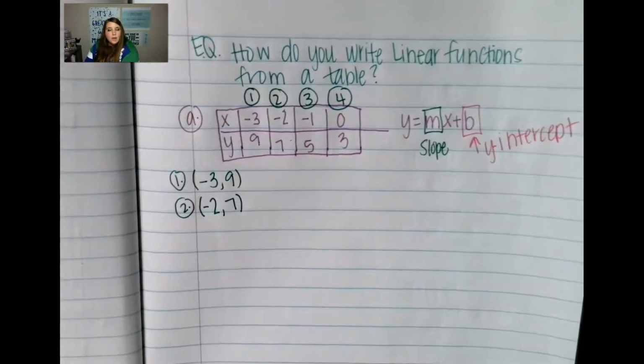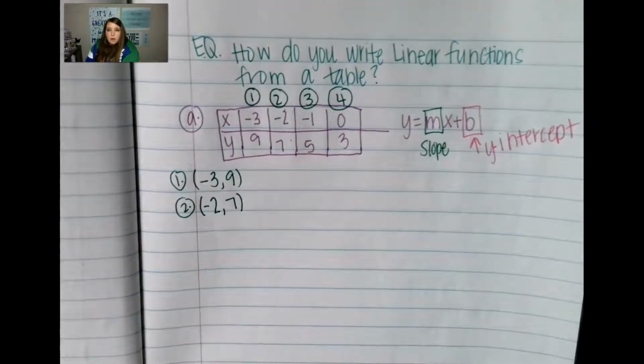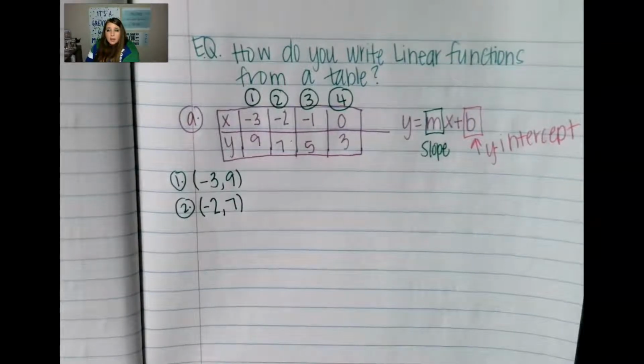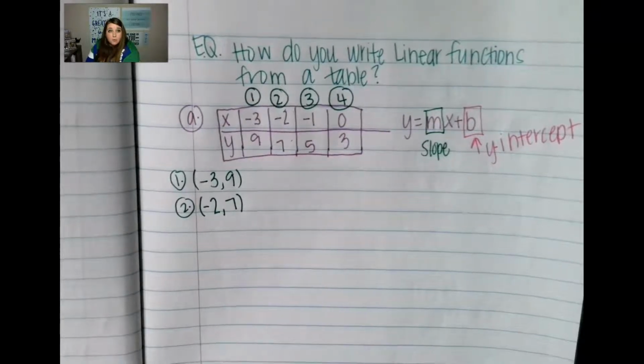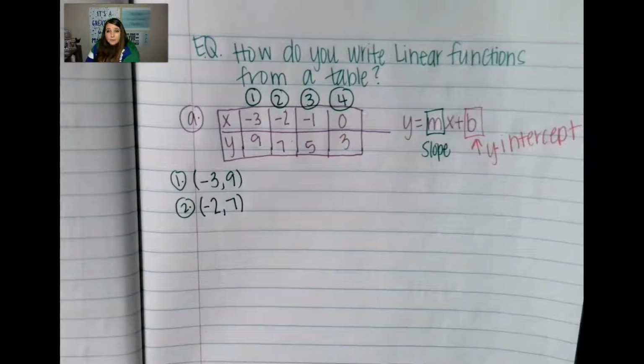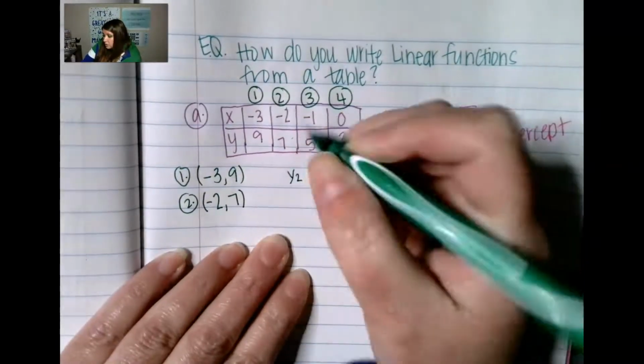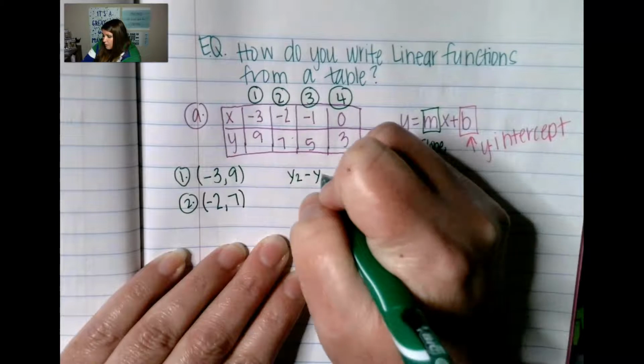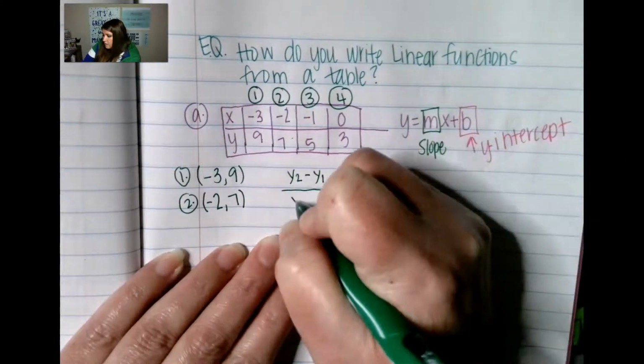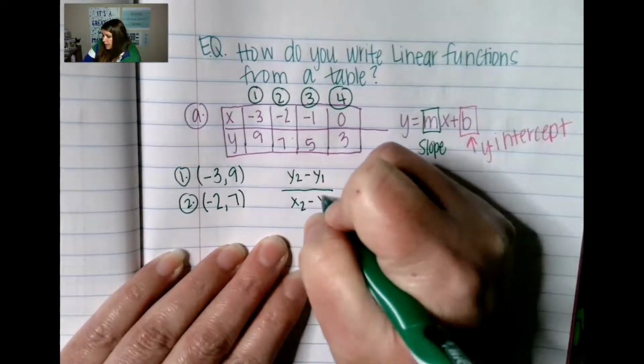So now that we have two ordered pairs on a line, we can now look at graphing. We can either graph and find the slope that way if you want, or you can look at using the equation. So you can use y2 minus y1 over x2 minus x1.